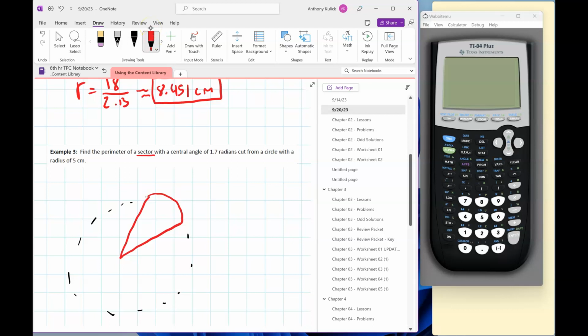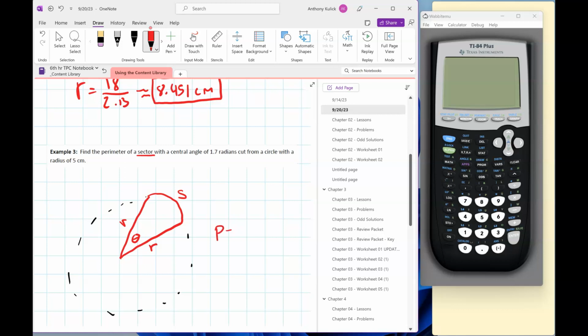So if I wanted to write in the values here, here's my central angle. That's a radius. That's a radius. And that would be arc length. Everybody's cool?